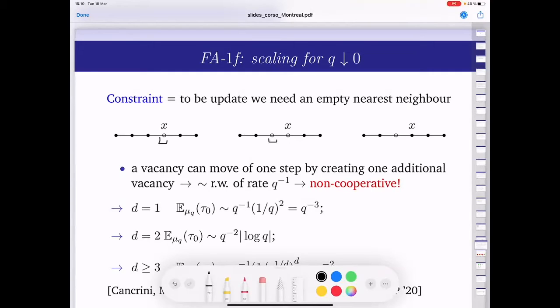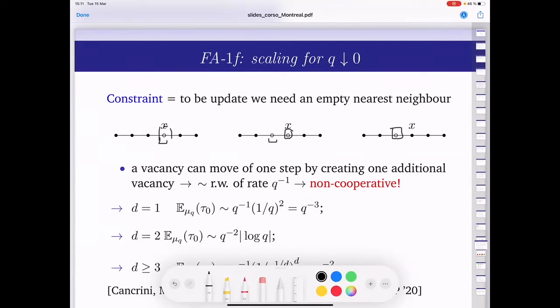But since the constraint looks at the two nearest neighbors, this site, which was originally occupied, can be emptied because its constraint is now satisfied thanks to the 0 that I put on its left, so I can fill it. And you see, the net result is that with a single coin you had in your pocket, you were able to move my original empty site one step to the left.